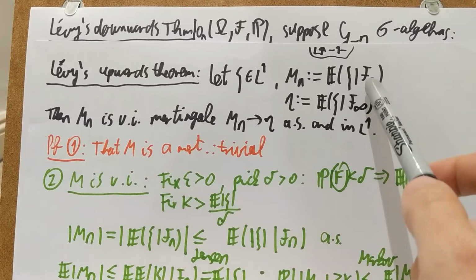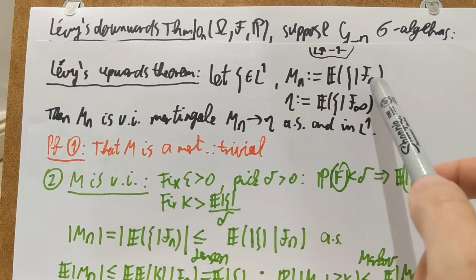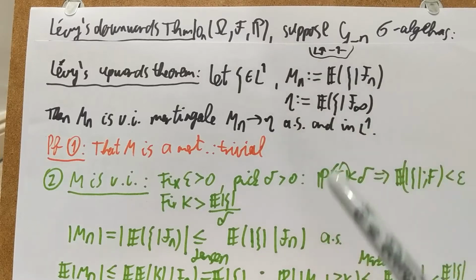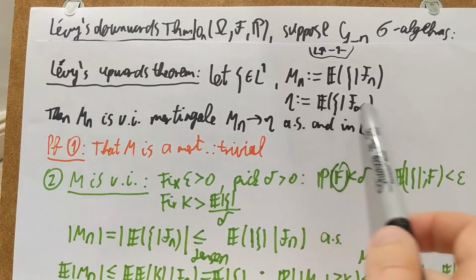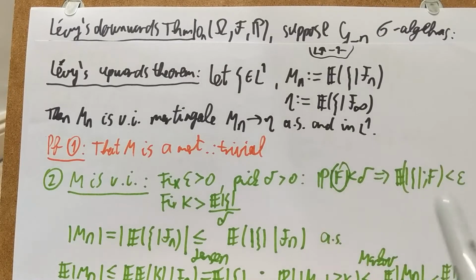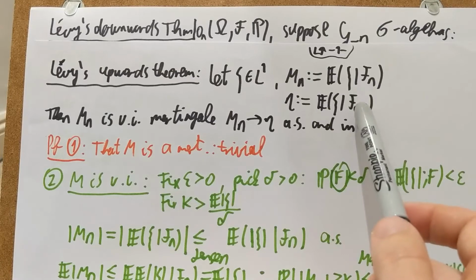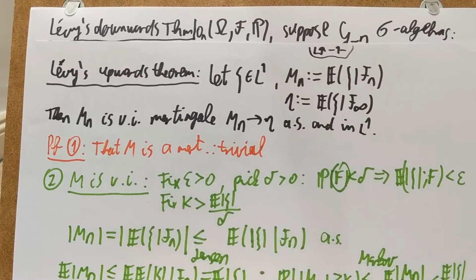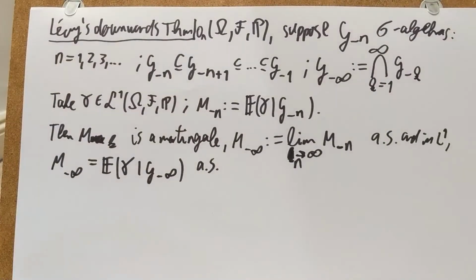We conditioned on finer and finer sigma algebras, meaning that we had more and more information about psi. That's how we constructed M n before, and then we looked at the future limit, which contained essentially all the information we had about our process, and we proved that the martingale converges. This one goes backwards instead.